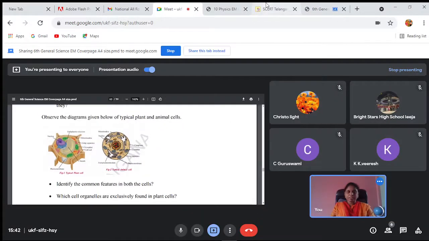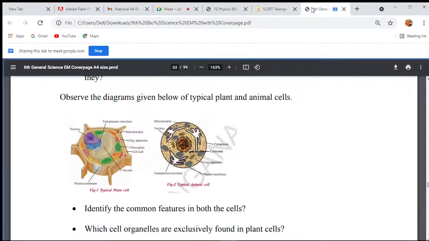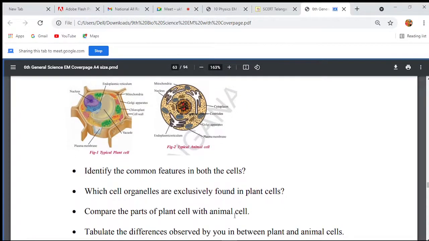They are chloroplasts and vacuoles. Only chloroplasts and vacuoles are present in plant cell.